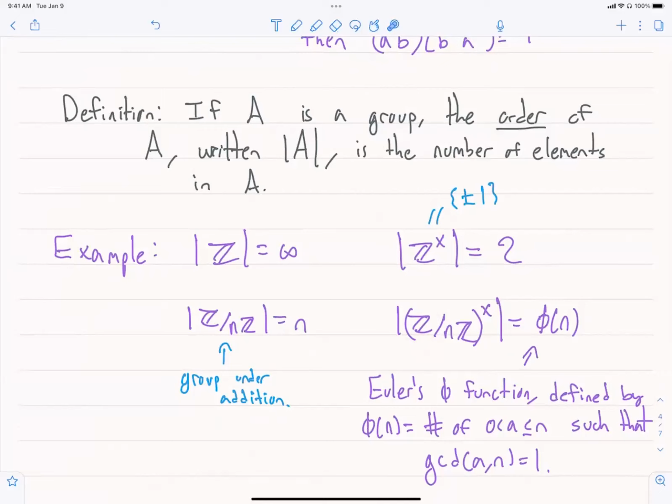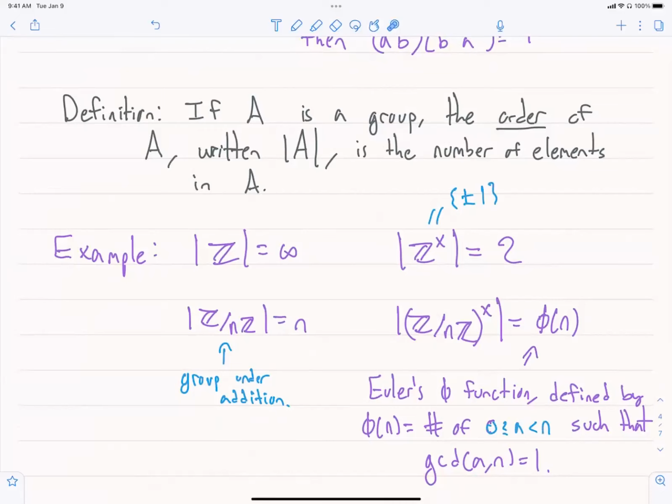So I already mentioned that once today. And so the size of this group, Z mod nZ cross, is just the number of a between 0 and n that have GCD 1 with n.